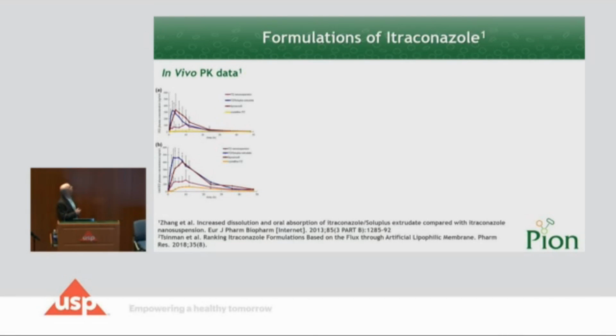And they were nanoparticles. So with crystalline itraconazole, yellow line, there was nanosuspension, which is this purple line. There was a commercially available itraconazole, which is Sporanox. And then there is also amorphous solid dispersion with Soluplus, which is a BASF polymer, if you know.